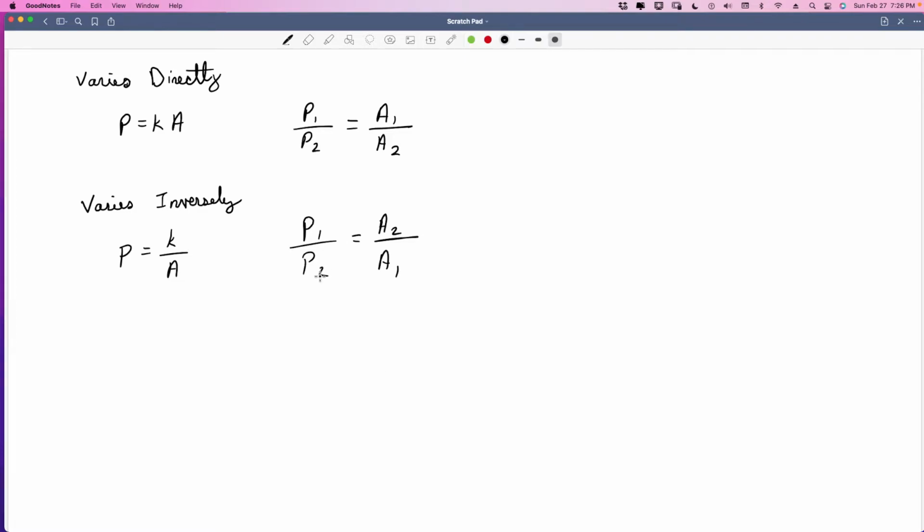So let's talk about combining those things. It's a relationship called varies jointly. And when we have a varies jointly statement, we're going to see how that works.